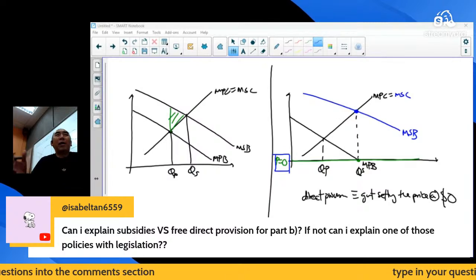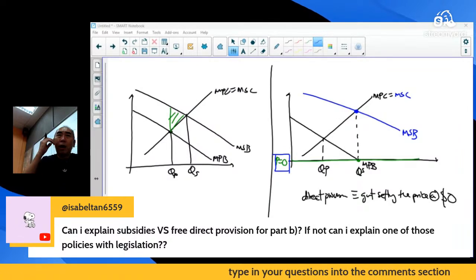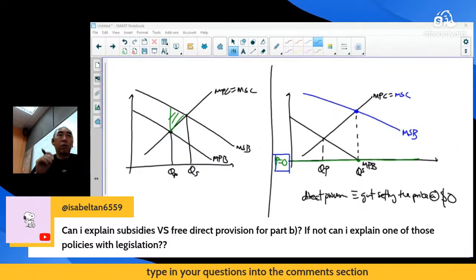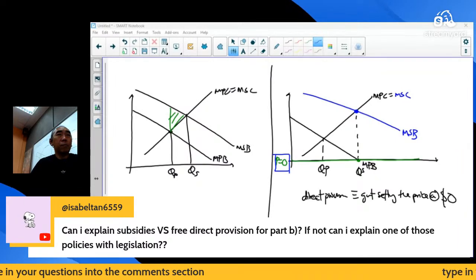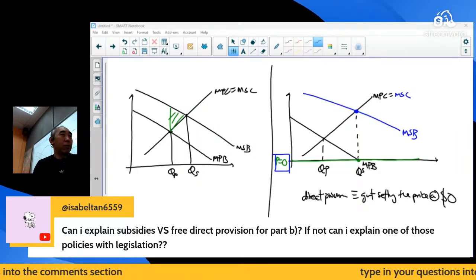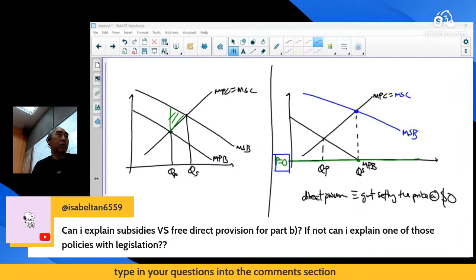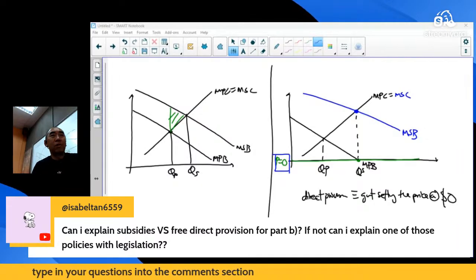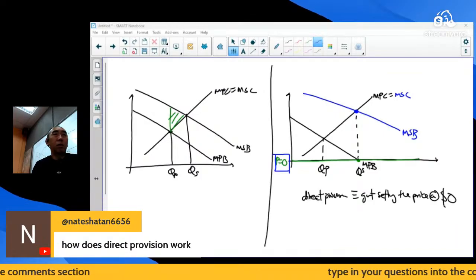Your parents don't make any of this. They provide for it by paying for it. So government direct provision is about paying for it. Whether or not they produce matters very little. All right, so to answer Isabel's question, no, you shouldn't compare subsidies with free direct provision, because free direct provision is subsidy.